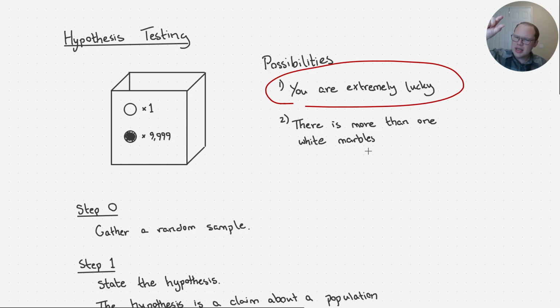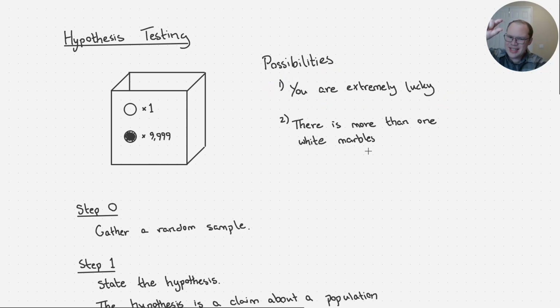And being a little bit lucky, that happens, right? So you might say, well, I did get this white marble, maybe there's more white marbles in the box. But it's still very possible that I would have drawn this one white marble if 10% of these marbles are white. That's not crazy unusual. So I'm not comfortable in saying there are more white marbles in the box. For now, I'll take your word that 10% of those marbles are white.